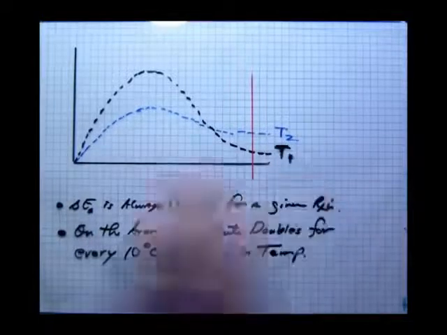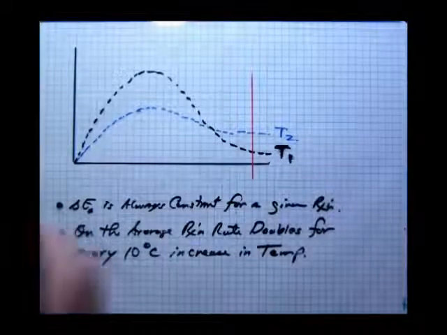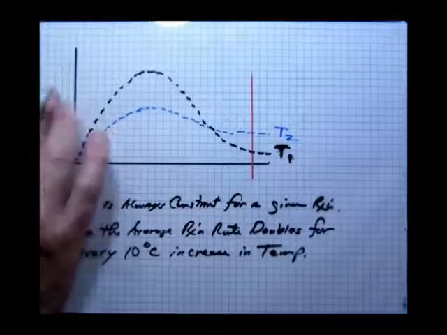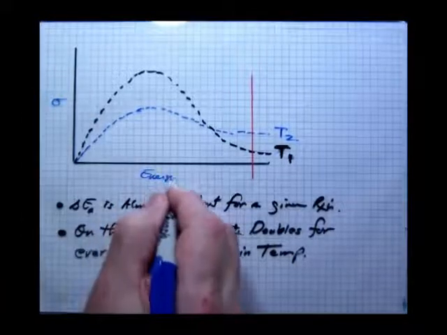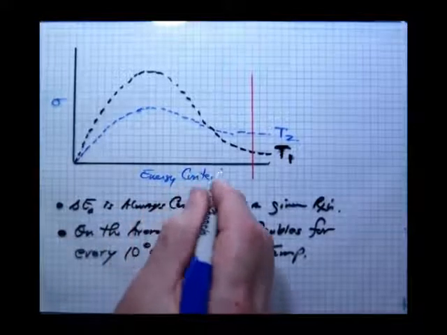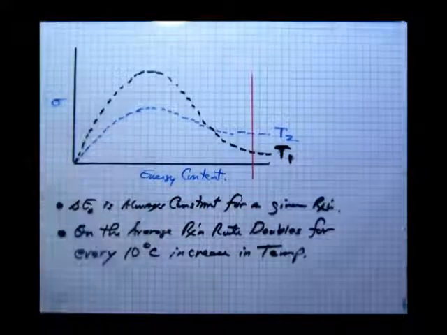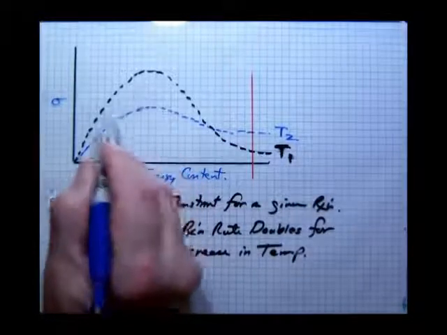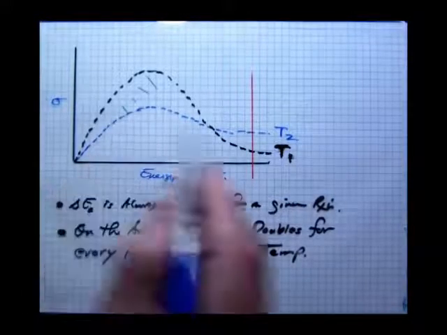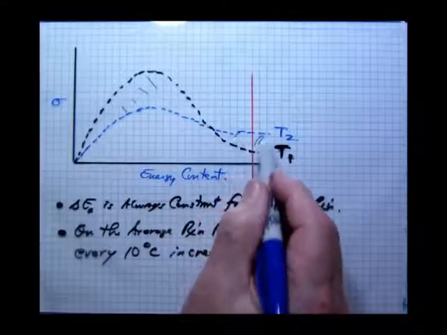That's at T2. So you're talking about number of particles against energy content. Increasing. So if I raise the temperature, I'm going to shift some of these particles that were in this region right here, now shifted over here.